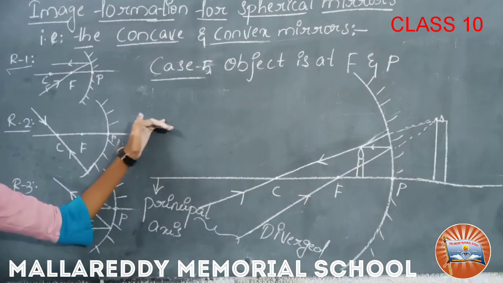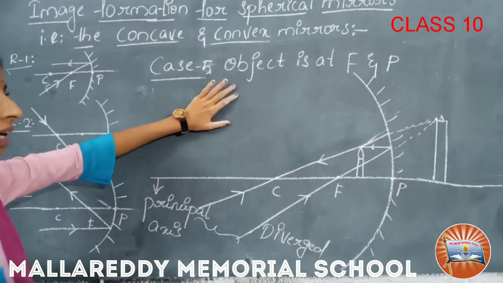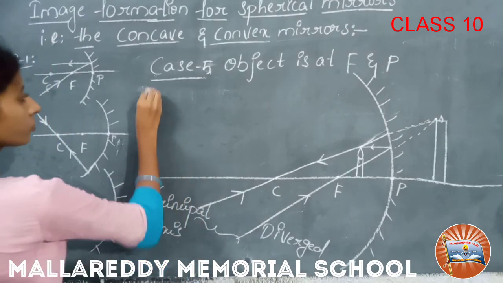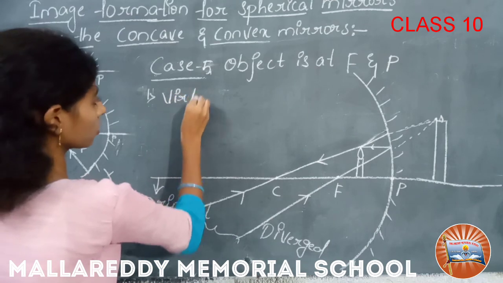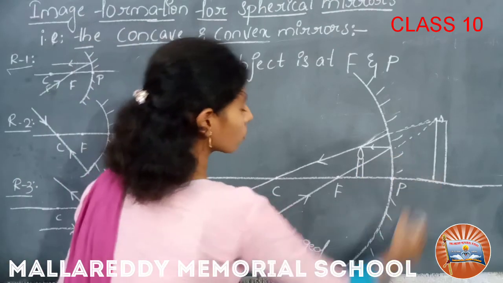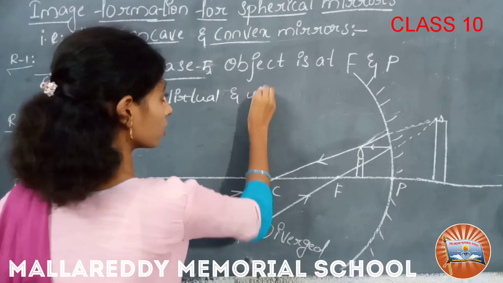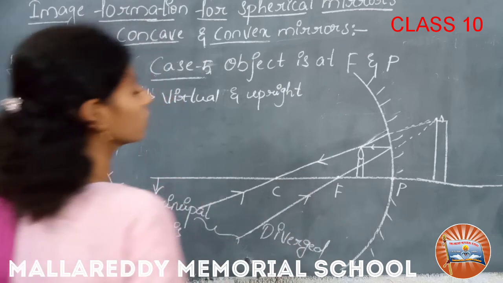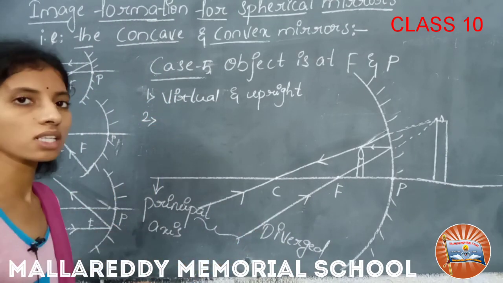So now what are the properties of this case when we are taking the object between F and P? Here the image is virtual. This is not the real image. This is the virtual image because the image is formed behind the mirror and it is upright. This is not inverted, right? This is upright and it is diminished or enlarged.